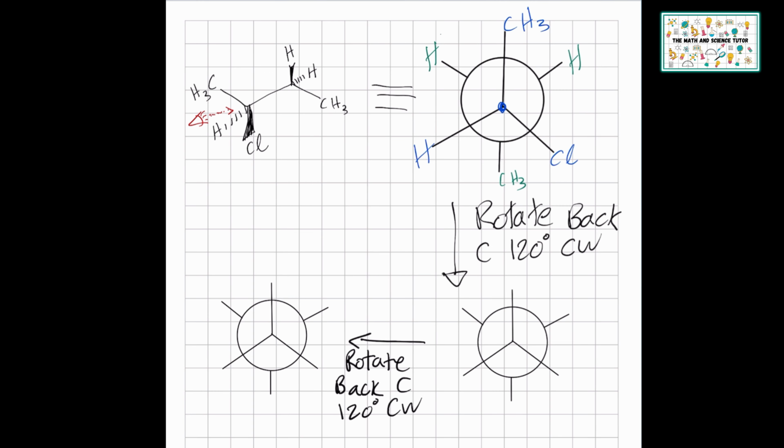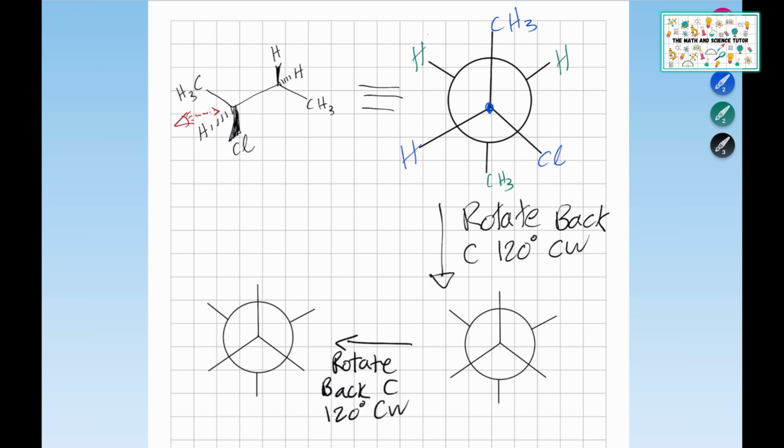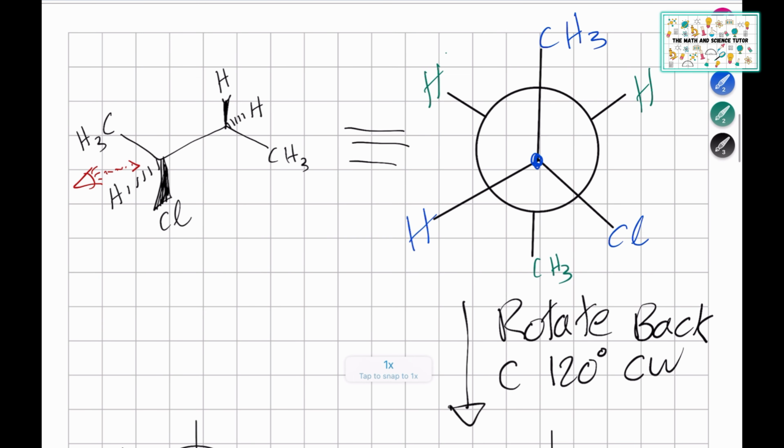Now you're also going to be asked to rotate the carbons. You'll either be asked to rotate the back carbon, the front carbon, clockwise, counterclockwise, and however many degrees the professor tells you. So let's go back to the first conformation where this carbon was the front carbon. And we are asked to rotate the back carbon 120 degrees clockwise.